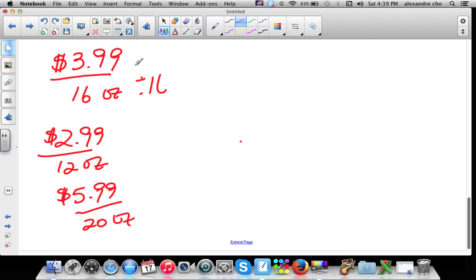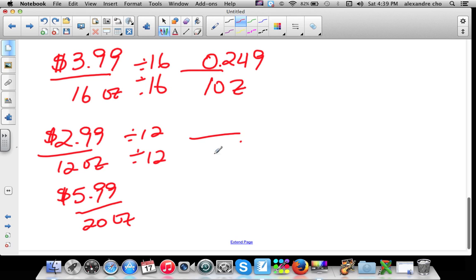Divide top and bottom by 16 because you want to find the unit rate. Okay, and 3.99 divided by 16 equals, and I'm going to write a decimal here with 3 decimal places, I'll round up later, so 0.249. This one's divided by 12, 2.99 divided by 12, which equals 0.2492, should have gone 4 decimals.